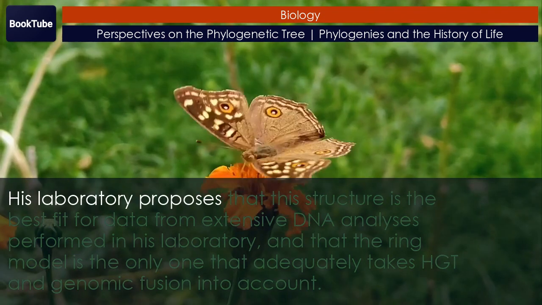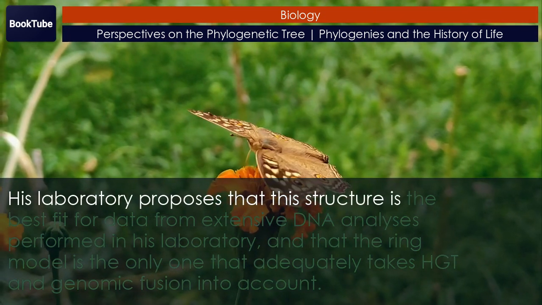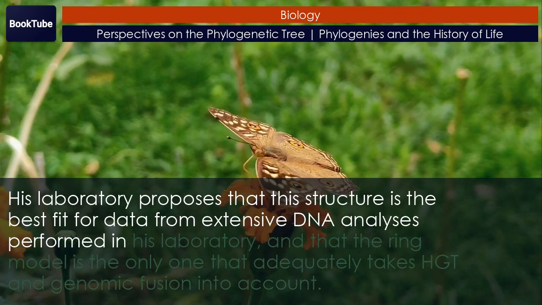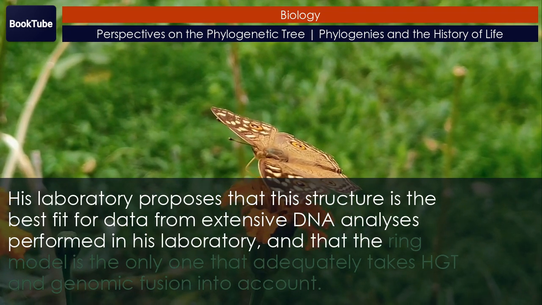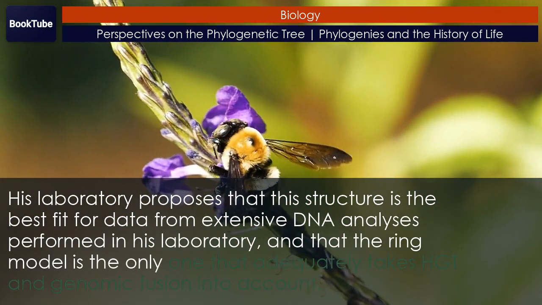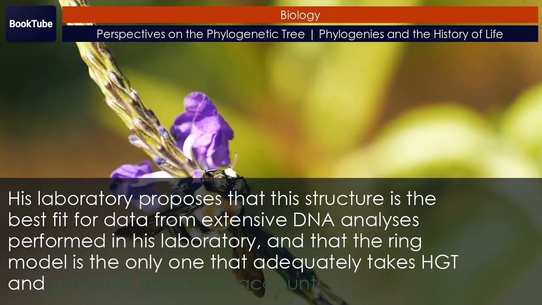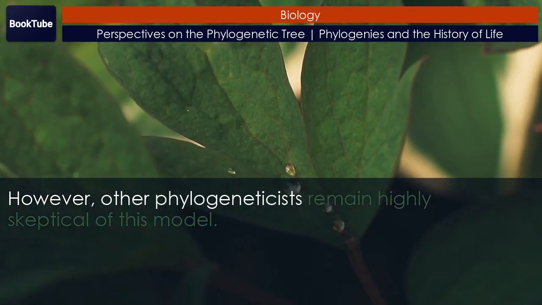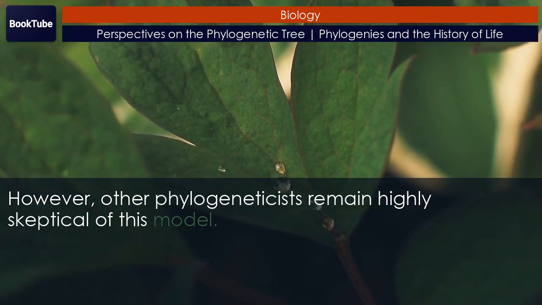His laboratory proposes that this structure is the best fit for data from extensive DNA analyses performed in his laboratory, and that the ring model is the only one that adequately takes HGT and genomic fusion into account. However, other phylogeneticists remain highly skeptical of this model.